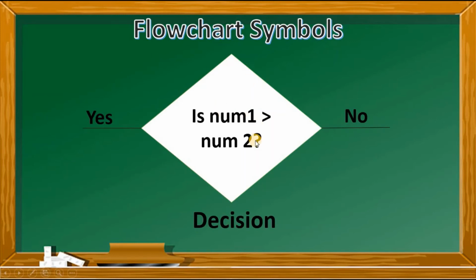So if it was greater than 1, then it would mean a yes, and then here we would add a number. However, if it was a no, then the user could have asked to subtract from the number, and then we know that that would take place on that end. So the decision is indicating if something is either true or false, or if we should proceed with a yes or no response. All right, so those were the flowchart symbols, and these are what we will be coming across in our examples moving forward.